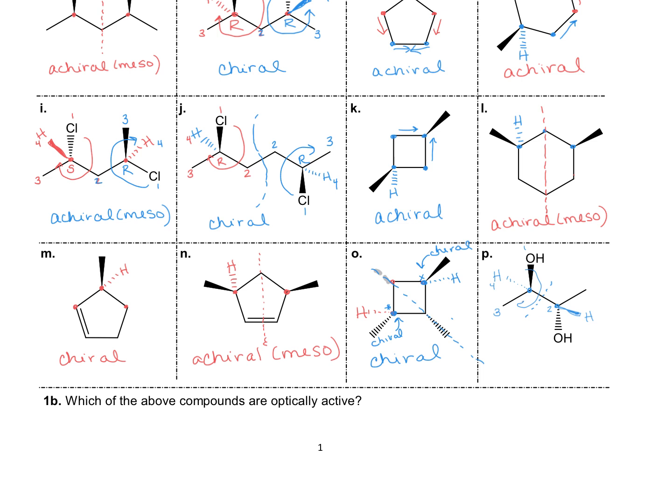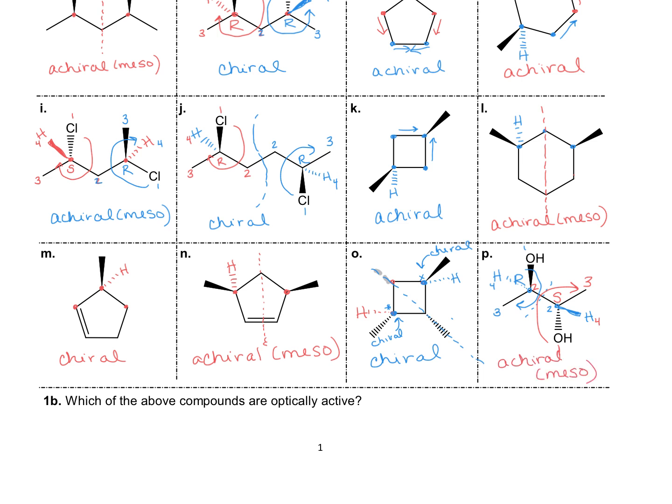So this looks to be R. And the hydrogen is in the back, so it is what it is. And the other side, 1, 2, 3. And the hydrogen is in the front, so we'll have to switch it. It looks R, but we switch it, it'll be S. So because one side is R and one side is S, this compound is going to be achiral because it is meso.